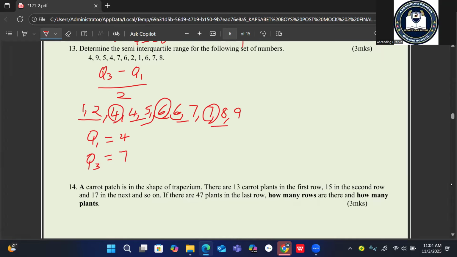Therefore, our semi-interquartile range should be equal to the upper quartile, 7, minus the lower quartile, 4, divided by 2, which equates to 3 over 2, which is just 1.5. So those were free marks. That question was set to ensure that everyone gets an A. So it was very simple.